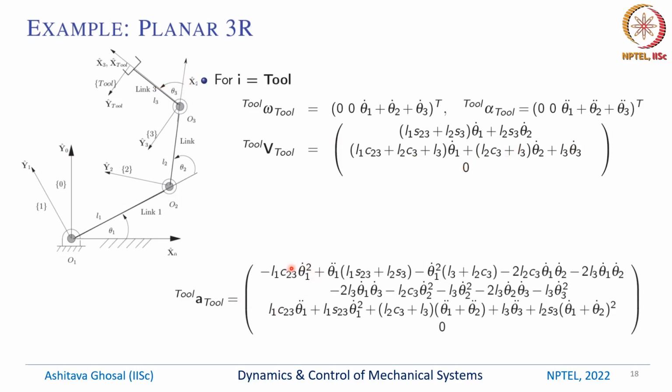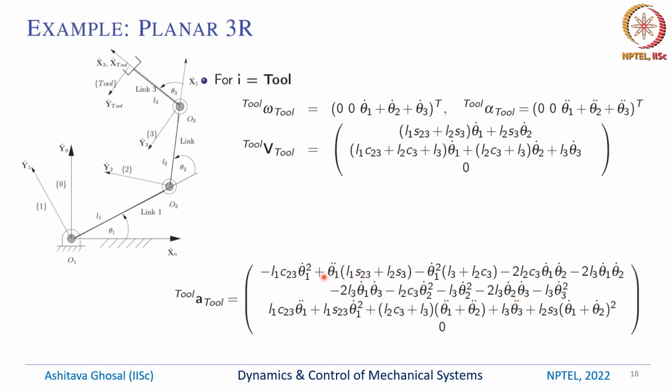The acceleration is much more complicated. It is actually a long expression. But we can find it just by using the propagation equations which I have shown earlier. So in this case again we have some centripetal term, then we have some tangential acceleration term, and then we also have these terms which are theta 2 dot, theta 3 dot.